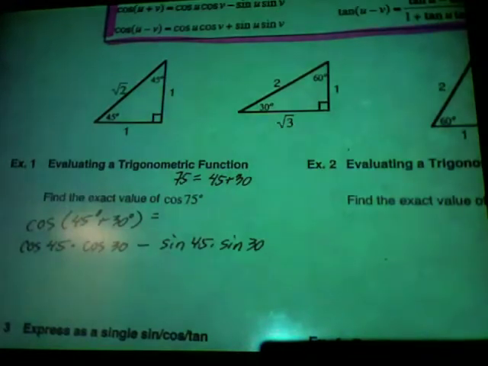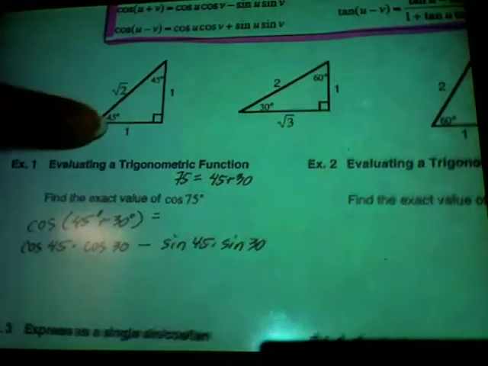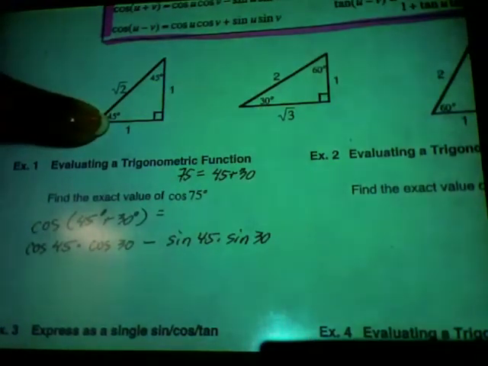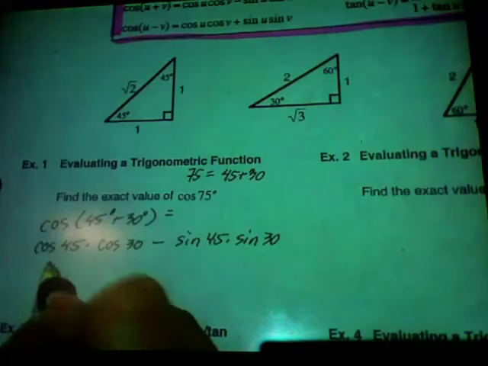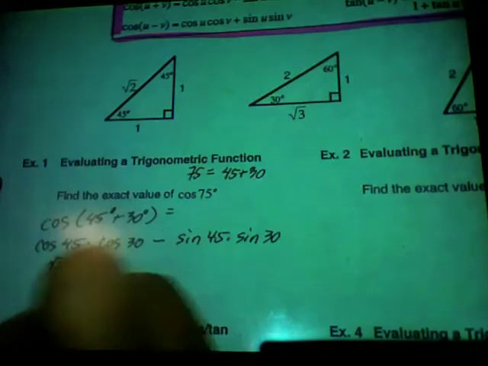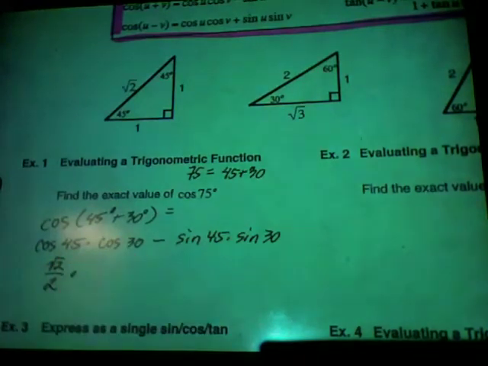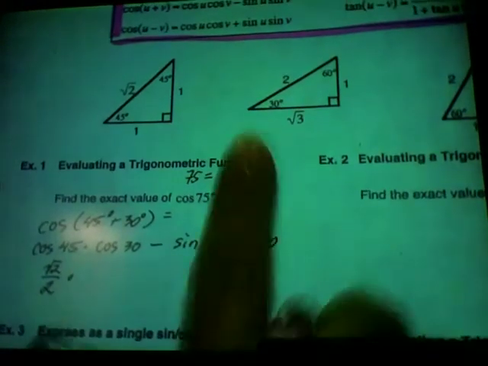So using your special right triangles above, 45. Here we go. What's the cosine of 45? 1 over rad 2, but we should know that it's rad 2 over 2, right? And you really probably want to use the rad 2 over 2 rather than the 1 over rad 2. So we're going to replace cosine of 45 with radical 2 over 2 times cosine of 30. So here's our 30 degrees here.